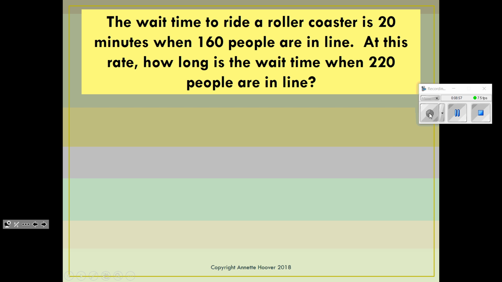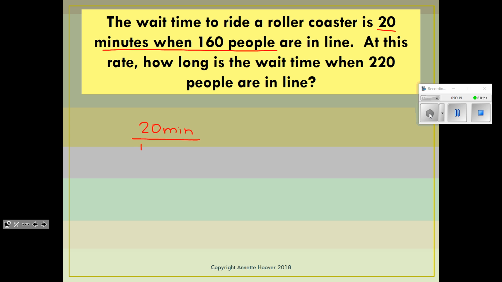The wait time to ride a roller coaster is 20 minutes when 160 people are in line. At this rate, how long is the wait when 220 people are in line? So let's look at the first bit of information. 20 minutes when 160 people. We set this up as a ratio. They said 20 minutes, so we'll put that on top.